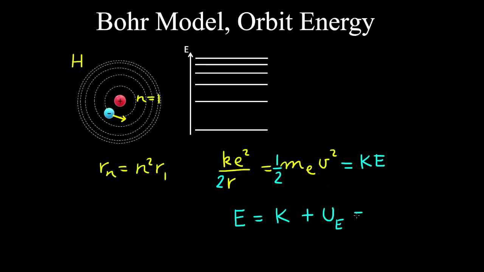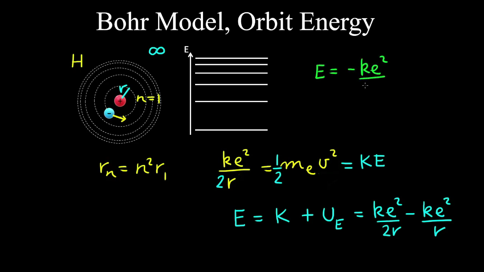So the kinetic energy is Ke squared on 2r, and recall the electric potential energy to bring a charge from infinity to a distance r from another charge, in this case being the charge of the nucleus, is equal to minus Coulomb's constant by the product of the two charges on r. So therefore the energy of the orbit is minus Ke squared on 2r.